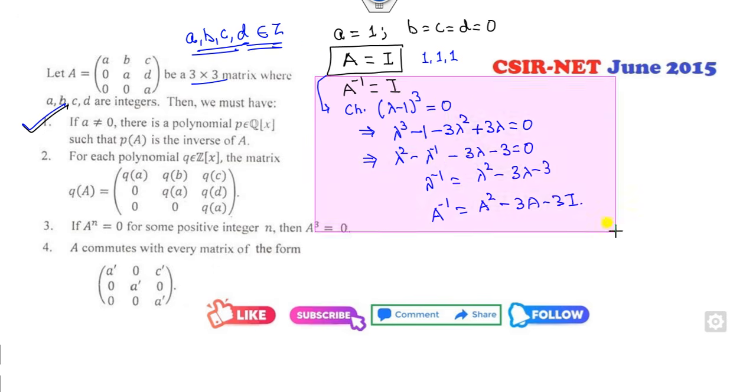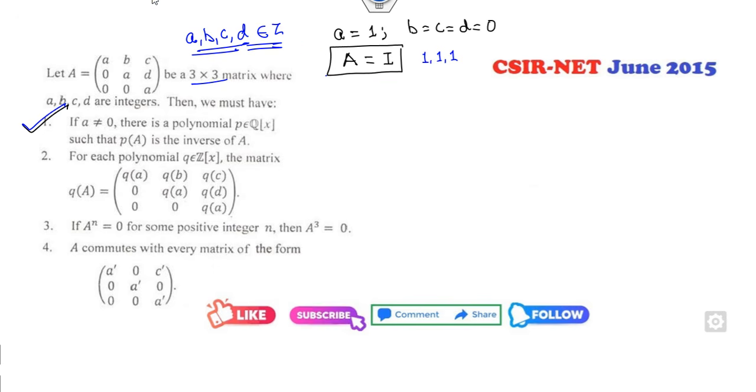Okay, look at the second option. For each polynomial Q, any polynomial which has integer coefficients, I can choose x plus 1. Then what is the left hand side? Q of A plus I. A is the identity, so it's 2I. Now look at the right hand side.